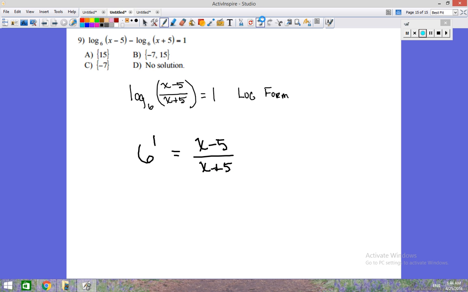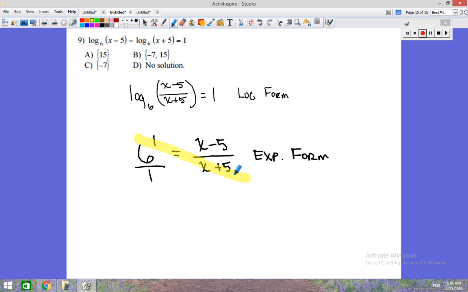Now I'm going to rewrite 6 as 6 over 1, and this equation is referred to as a proportion. We had log form and exponential form. That's how we rewrote it. The exponential form has some base raised to an exponent, but this equation itself is referred to as a proportion, and one technique to solve proportions is to cross multiply.